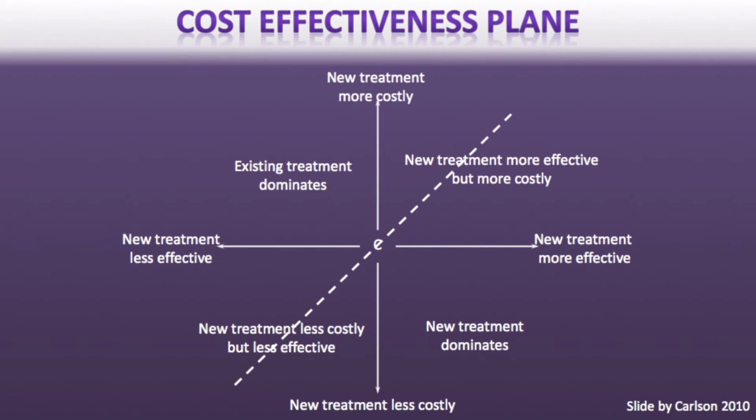Another possibility is that the treatment is more effective, but also more costly, right? So here you might say, it costs more, but we're going to do this. We think it's worth that extra money, or we think that it isn't, right? So in those quadrants, decisions sometimes go one way or the other depending on the considerations being dealt with in that healthcare system.